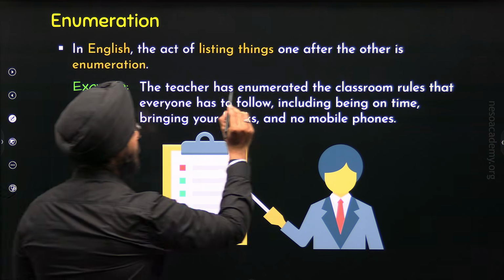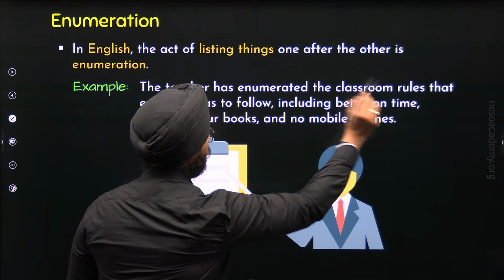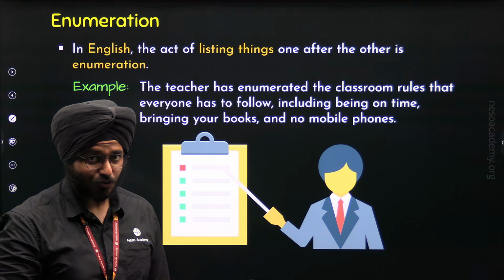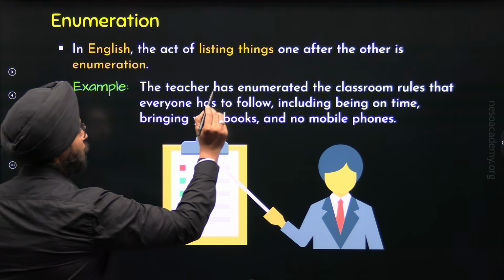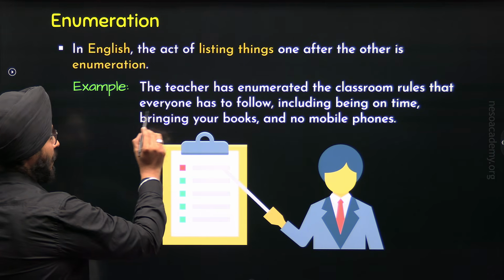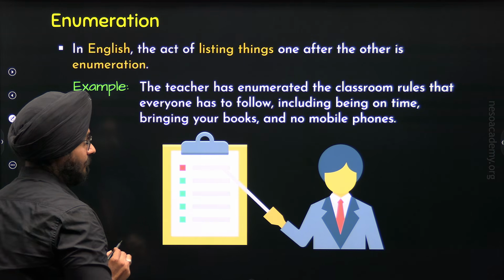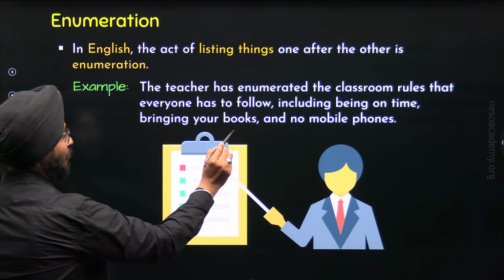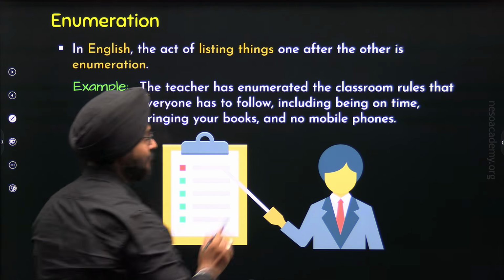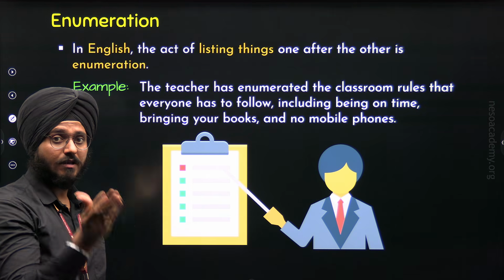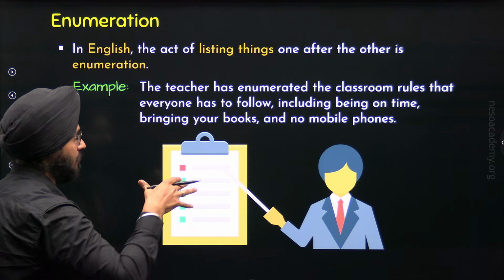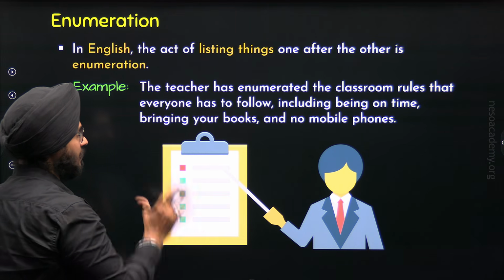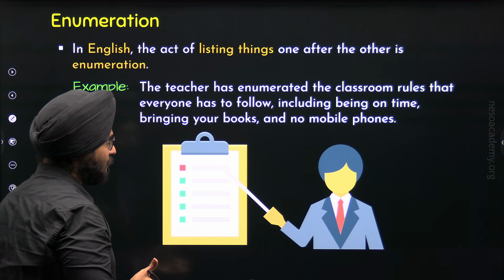The teacher has enumerated the classroom rules. This means the teacher has listed down the classroom rules. These classroom rules have to be followed by everyone in the classroom. These rules are being on time, bringing your books, and no mobile phones. These rules have been listed down or enumerated by the teacher. So I hope now the meaning of enumeration is clear to you with the help of this sentence.